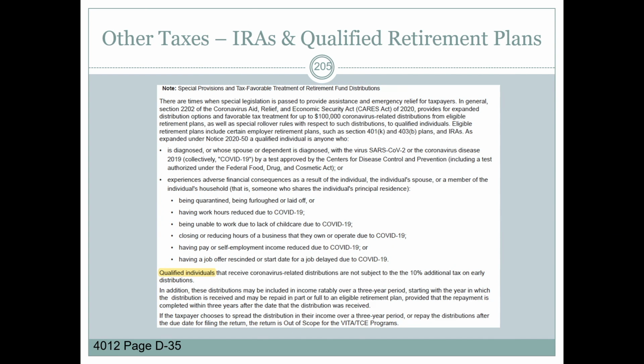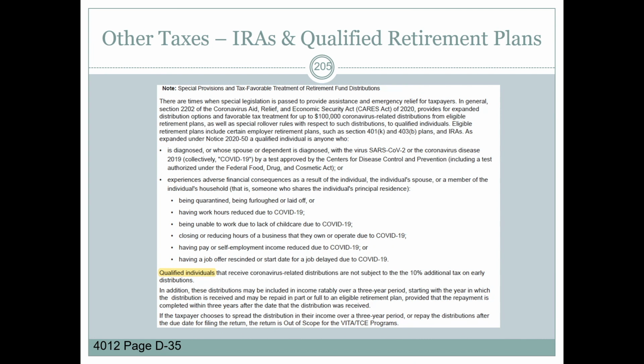Eligible retirement plans include certain employer retirement plans, such as Section 401k and 403b plans, and IRAs.